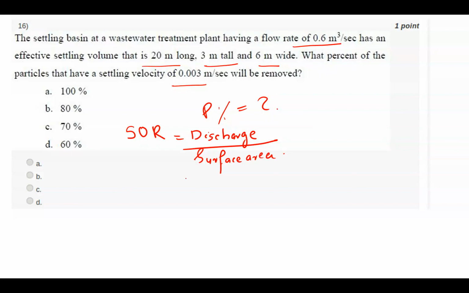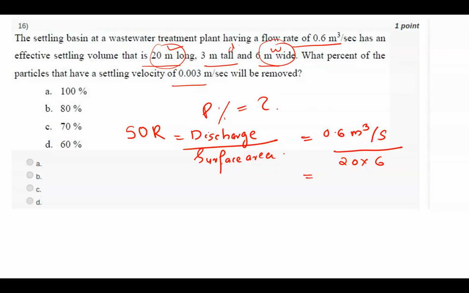The discharge is given here as 0.6 meter cube per second. For the surface area, the length is given, and also the width and the depth. So in this question we consider the length and width and calculate the area, that is 20 into 6 meter. Then you will get the SOR.